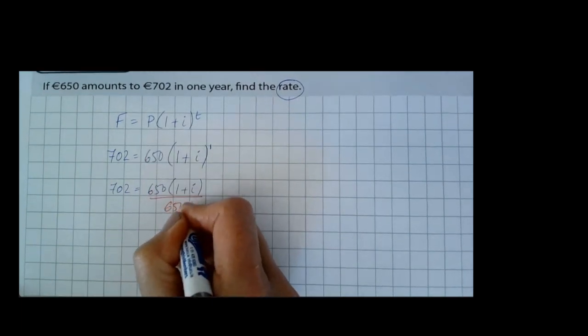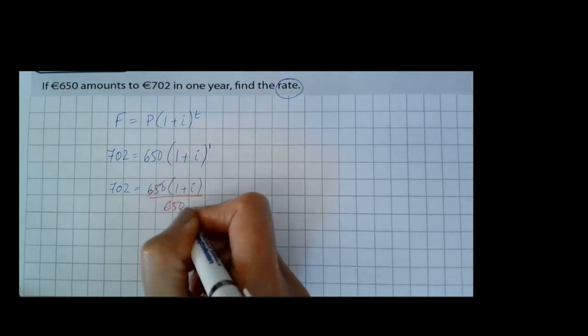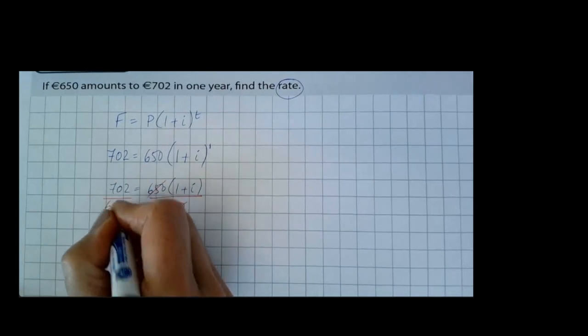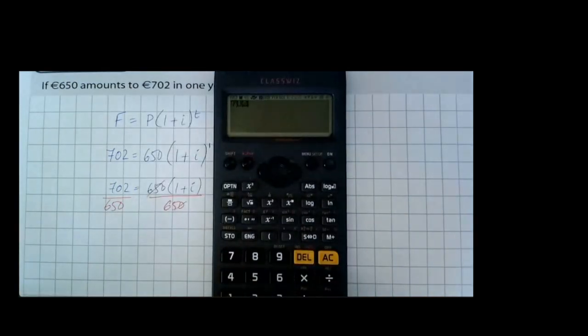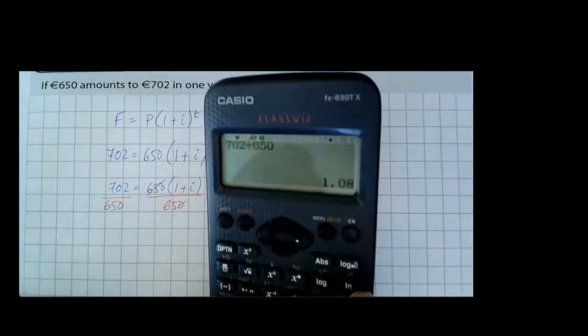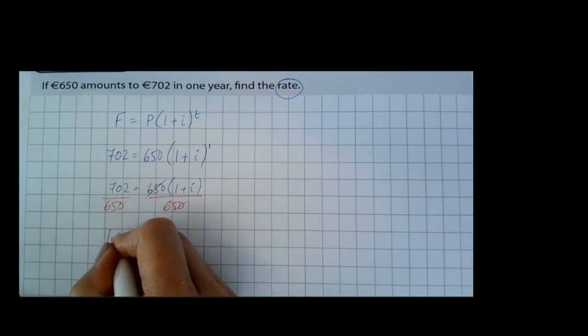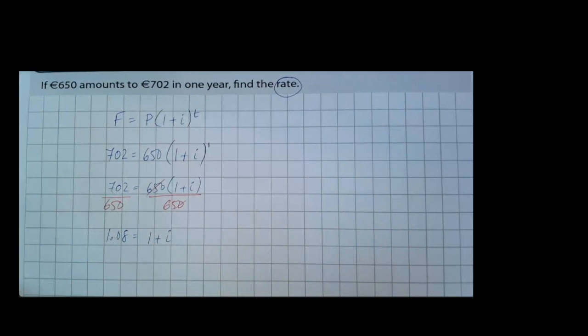So in order to get rid of something that's being multiplied, I'm going to divide, so it cancels. But of course, if I divide on the right, I'm going to have to divide also on the left. So 702 divided by 650 works out to be 1.08. And that must be equal to the 1 plus I.